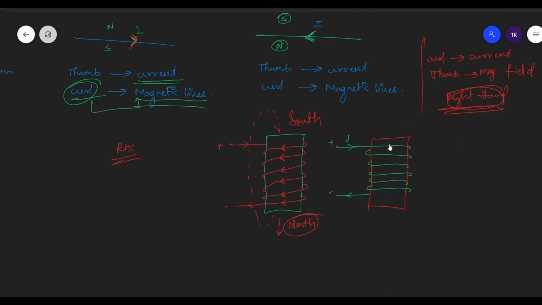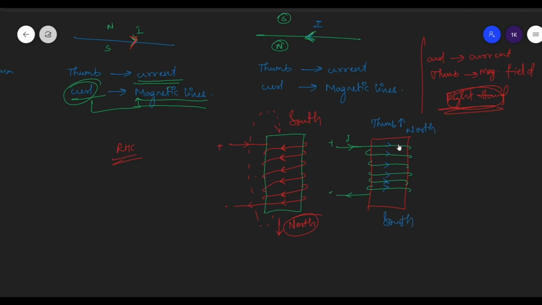Now current is entering in this way. Now try to place your fingers according to the direction of the current shown here. So if you place the four fingers of your right hand in this way around a pen, then the thumb will be directed upward, which means this is your north pole and this is your south pole.